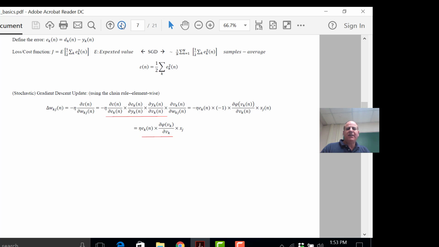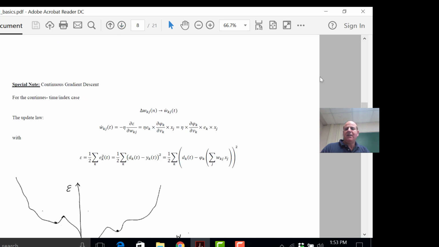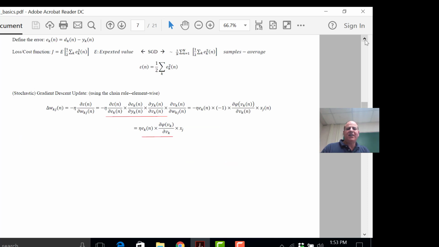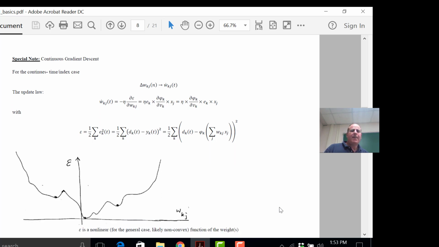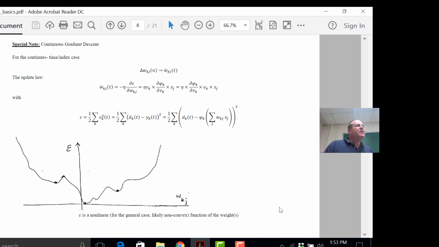So let me see if I didn't miss anything here. If you look at the picture of what this gradient descent is doing, you should try to transfer your thinking between the discrete and the continuous.